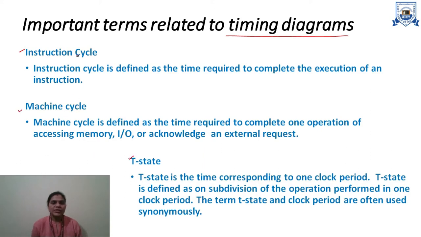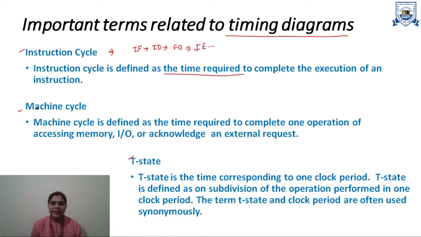So what is an instruction cycle? Instruction cycle is defined as the time required to complete the execution of an instruction. Instruction cycle has some phases: instruction fetching, instruction decoding, fetching of operands, and instruction execution.